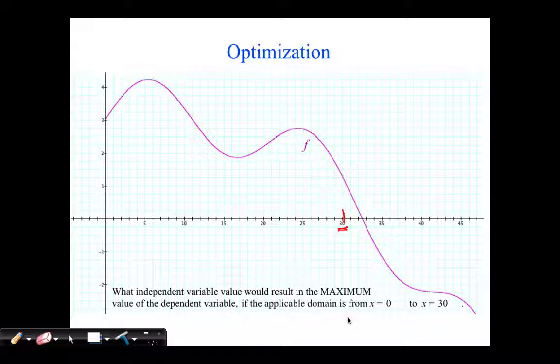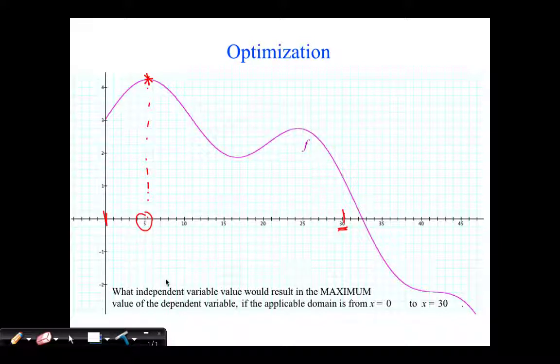If I'm trying to find the maximum value of this function between 0 and 30, or more specifically, I want to find what independent variable value between 0 and 30 will maximize the output, the dependent variable value. Looking for the highest value, that looks like the highest value that occurs between independent values of 0 and 30. And then I look back and say, oh, that happens at around x equals 5.